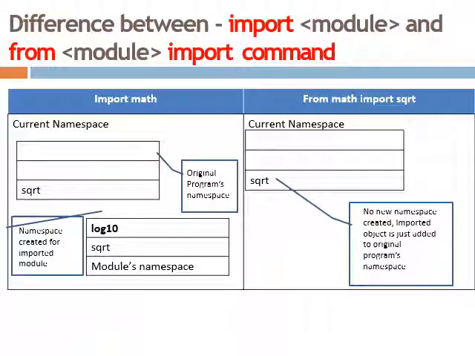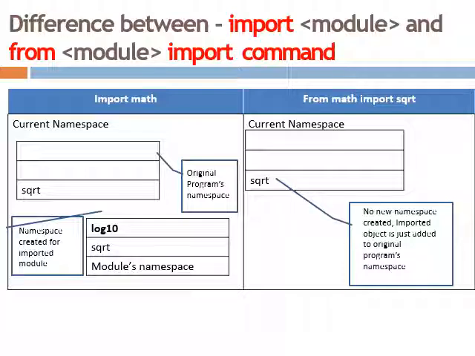For a better understanding of namespace and to show you the difference between import module and from module import, a pictorial representation has been given here. The first column shows import math and the second one shows from math import sqrt, that's the square root function. Let's first see import math. As I told you, a namespace has been created with all the functions available. I've shown only two functions here, log10 and sqrt. This module's namespace will have all the defined variables and functions available in the math module.